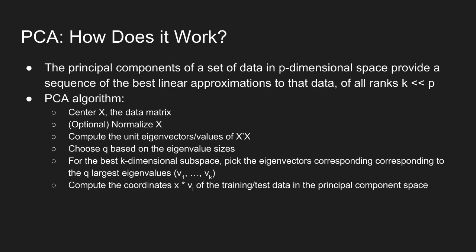Any questions on that? Your PCA vectors should be orthogonal to each other? Absolutely, yes. And your eigenvectors are also orthogonal? Absolutely. Then that implies that the matrix has to be symmetric. Yes, symmetric. X transpose X is always a symmetric matrix.